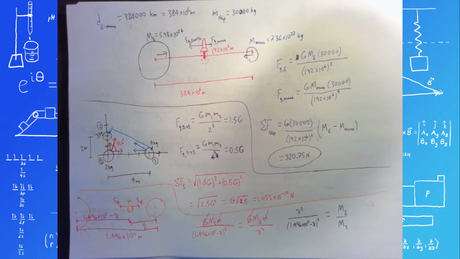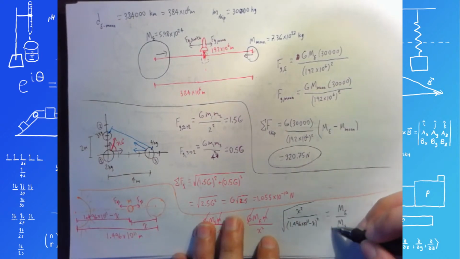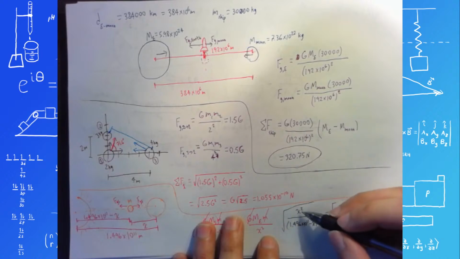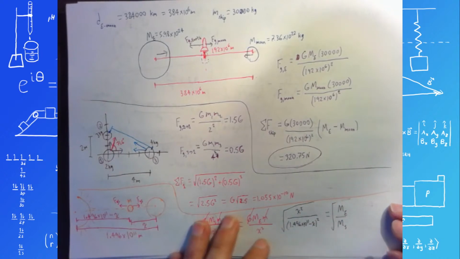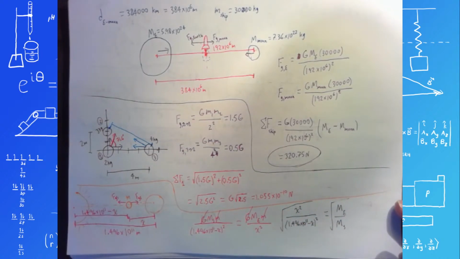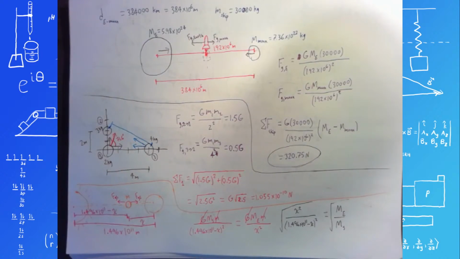And now you can just square root both sides. The square root here just cancels the squares over there, and now you're just left with x's to the first power. You're left with a simple linear relationship, which is much easier to deal with.